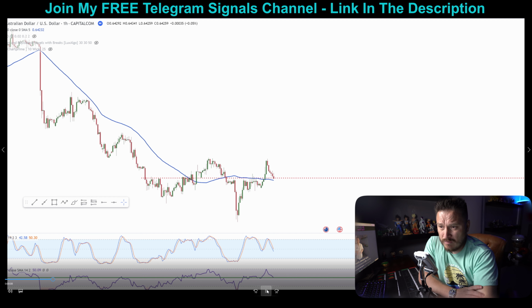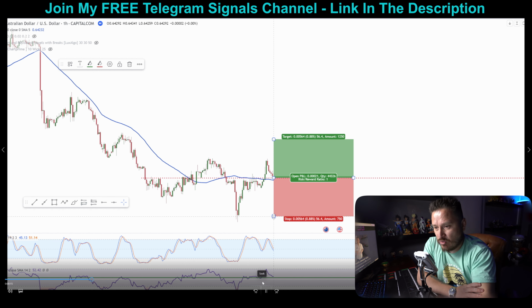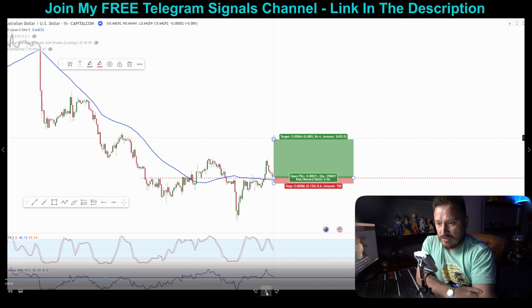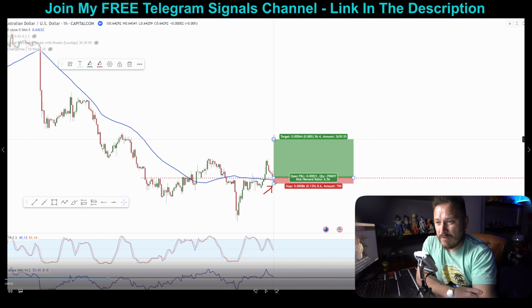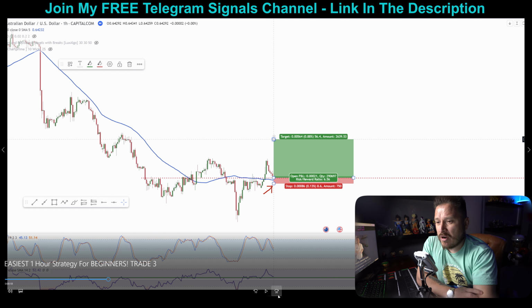I could be wrong, but in the end, this is a pure analysis trading with this specific strategy. It's not 100% accurate or anything. So I put the stop loss slightly below the 50 SMA, because if it crosses the 50 SMA, then it's likely to become a downtrend, right? So then I set the take profit and the stop loss.